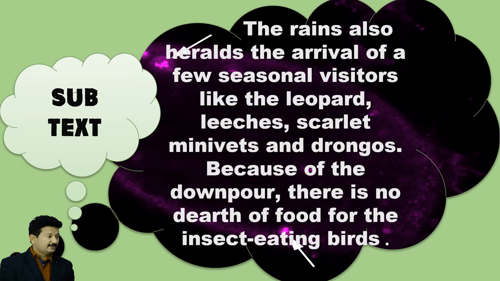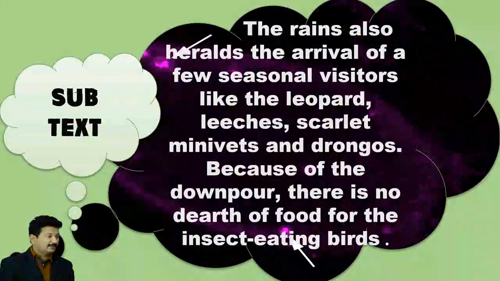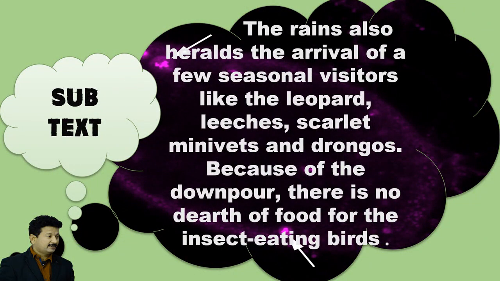Well, now let's look at the key points from the diary extract of June 27. The rains also herald the arrival of a few seasonal visitors like the leopard, leeches, scarlet minivets, and drongos.